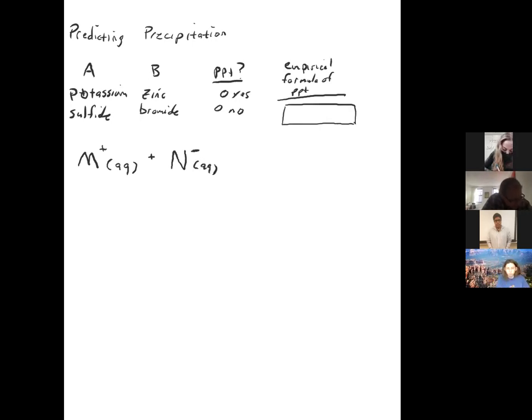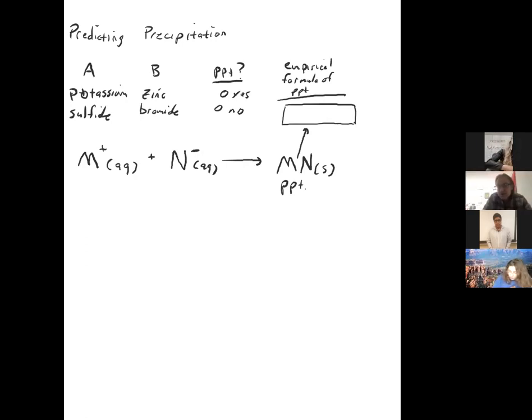Those ions are all bouncing around in the water, like when you dissolve salt in water. Boom, they hit each other, they form a solid. It falls out of the water, right? So you're getting a solid. That's your precipitate. So when they say the empirical formula of the precipitate, they mean this, write the formula down there. Okay, so it's actually not that hard.